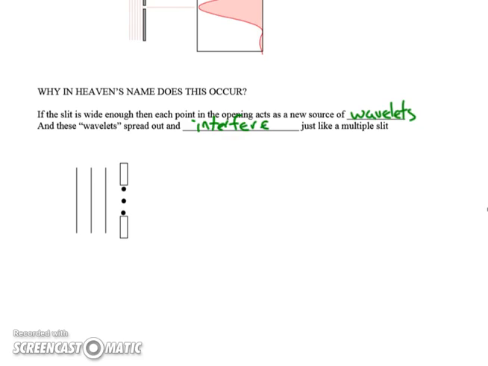So in this diagram here, here's a slit. Now we've zoomed in on it, and I've drawn 3 arbitrary dots within that. Those represent the wavelets. When the waves propagate out from each wavelet, you can see how they would start to interfere. Even though I haven't done a very good job, you can kind of see how you're going to get bands of constructive and destructive interference.